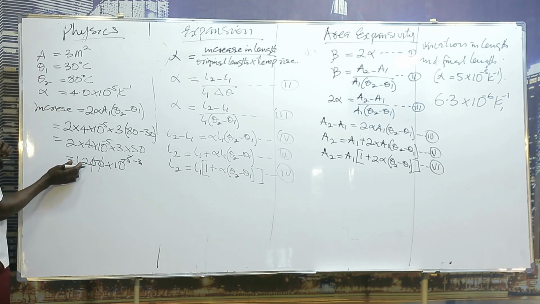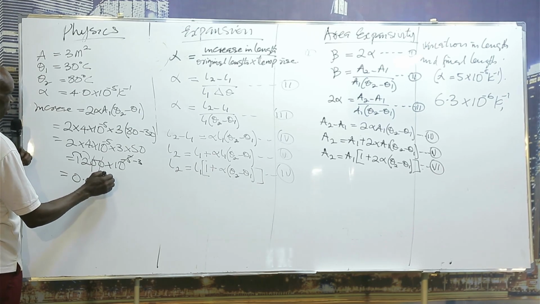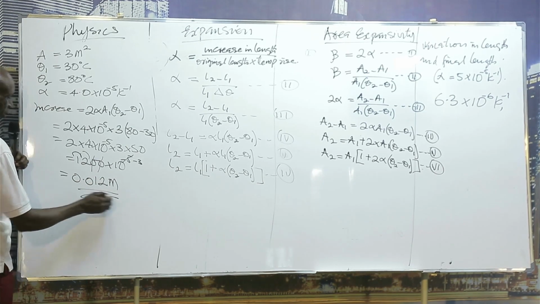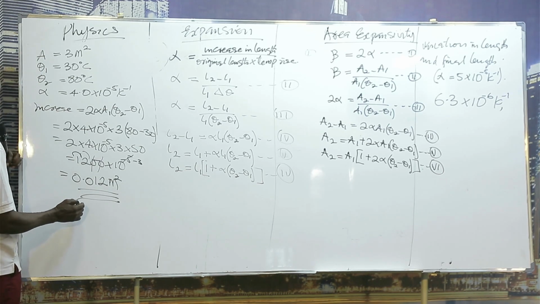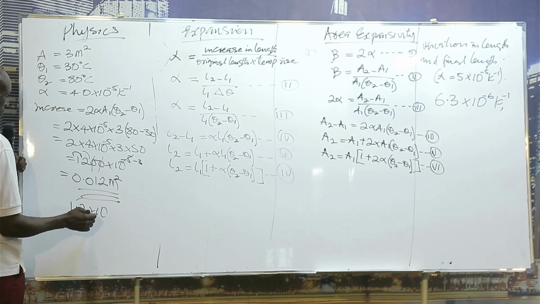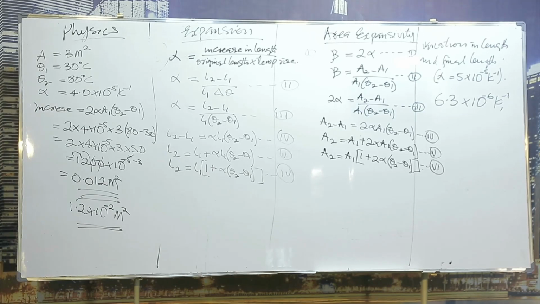So I will come back to 12 and have 0.0012 meter squared. This is the variation in area. And if I put it in standard form, it will be 1.2 times 10 to power minus 2 meters square.